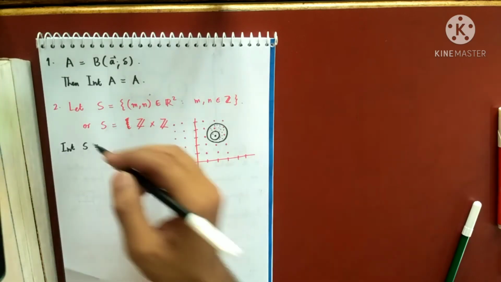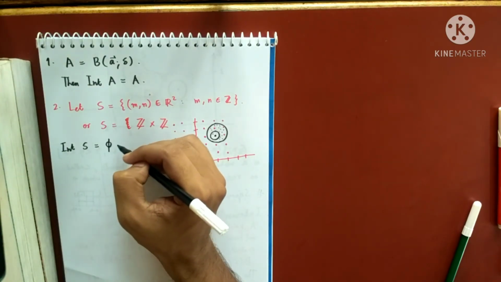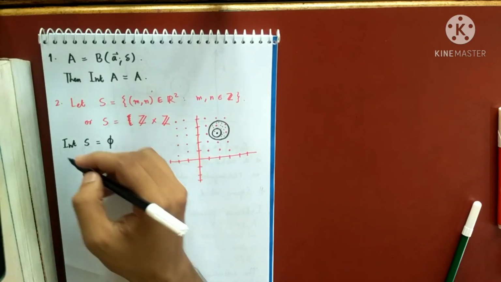So what is the interior? It is empty. Why is it empty? You can prove it like this.